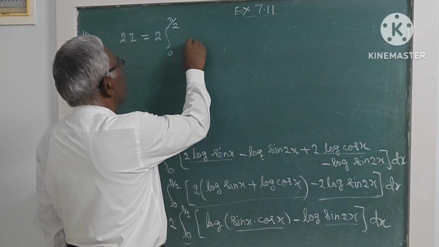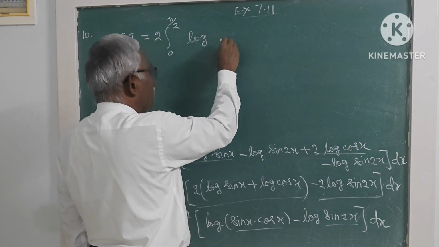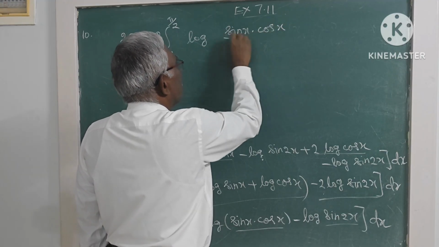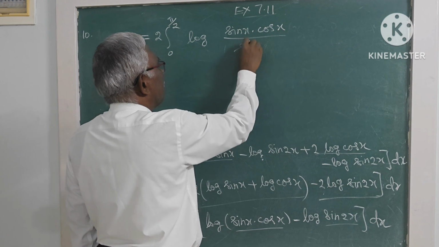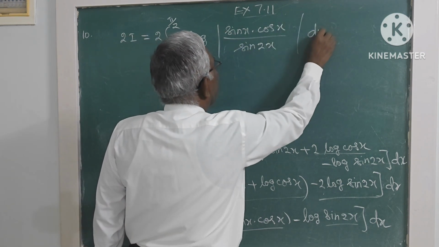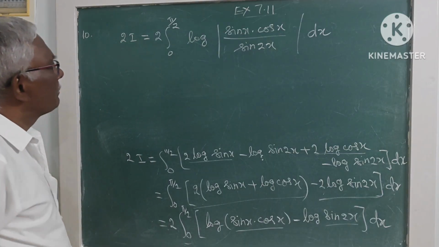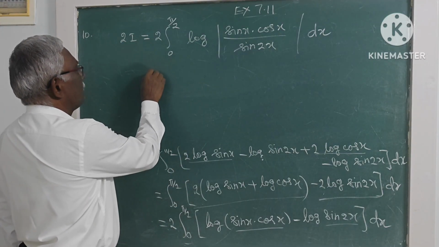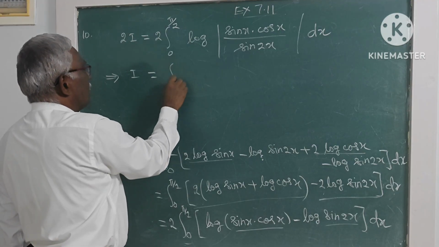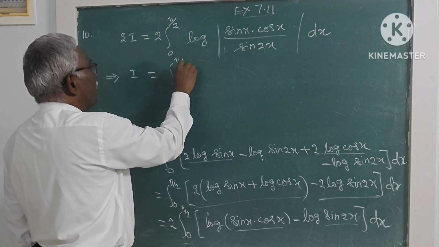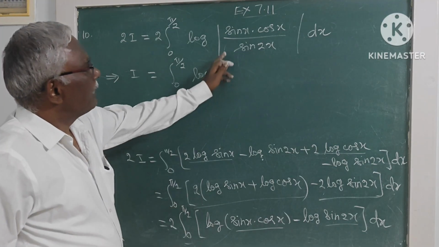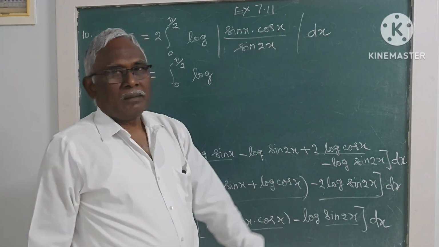So this will be log of m sin x into cos x by sin 2x dx. So this implies I is equal to integral 0 to pi by 2 log of, what is the value of sin x cos x by sin 2x.